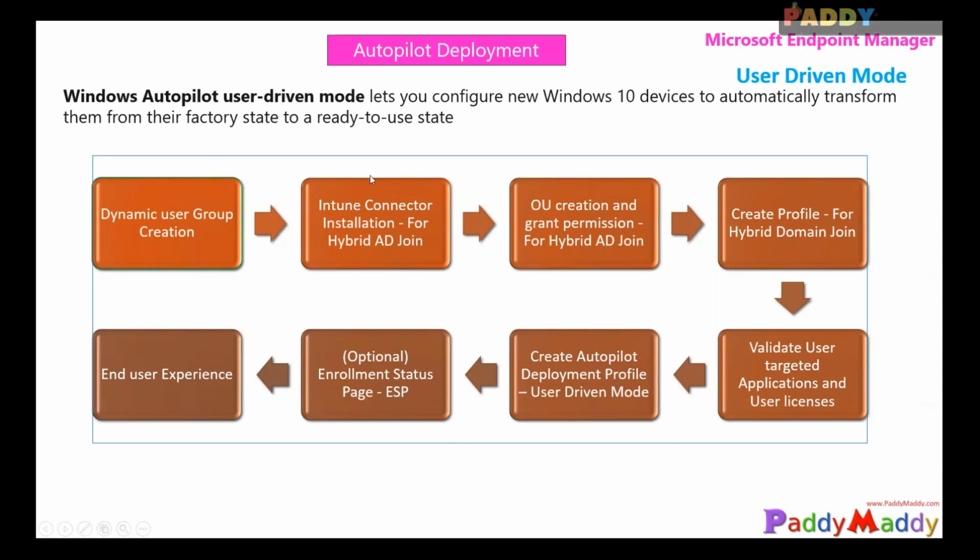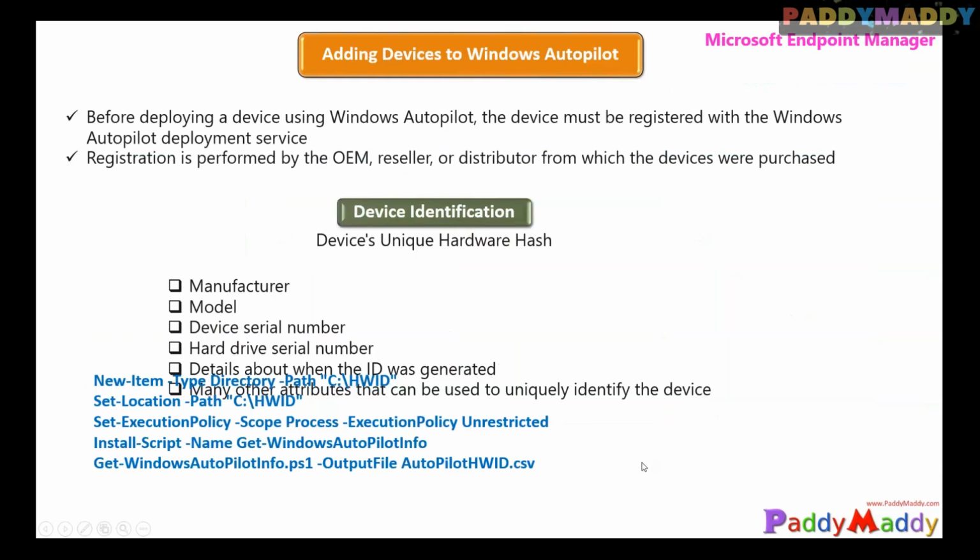If it is a hybrid mode environment, you need to do a few additional configurations: the Intune connector has to be installed on one of your servers, and that machine has to be granted some permissions on the OUs so that the machine can join that specific OU, which we will be doing. But I just wanted to tell you there are different options.